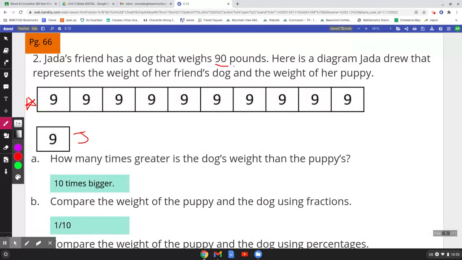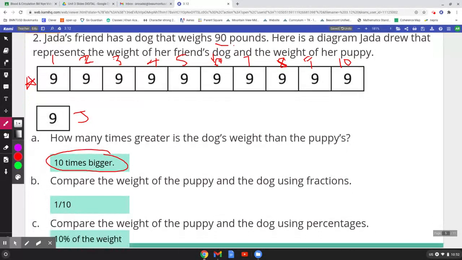If you count the boxes, we have 1, 2, 3, 4, 5, 6, 7, 8, 9, and 10, right? So there's 10 boxes. So how many times greater is the dog's weight to the puppy's? And the answer is 10 times bigger.